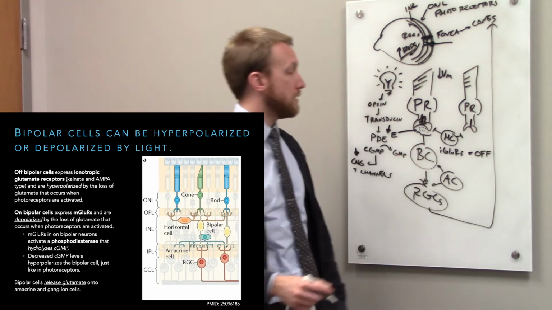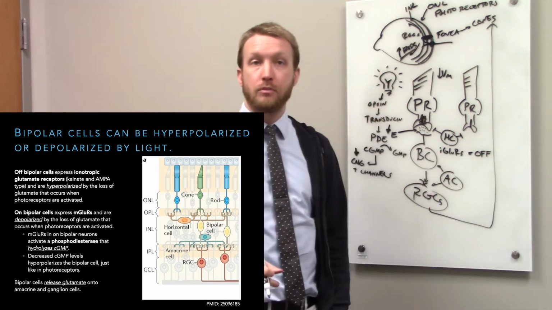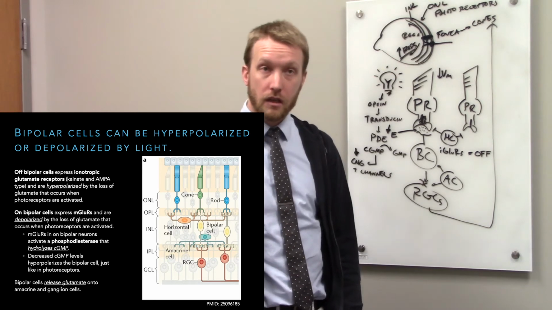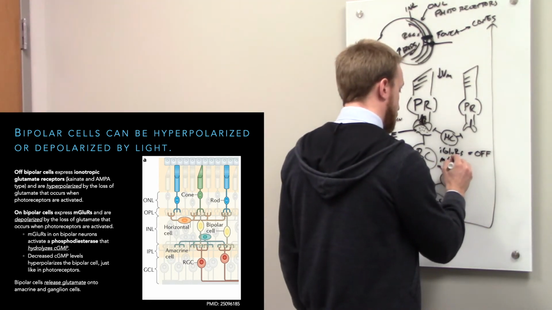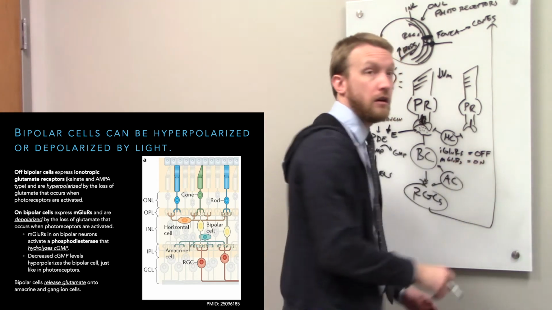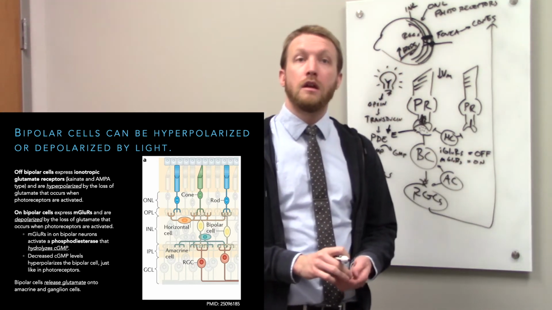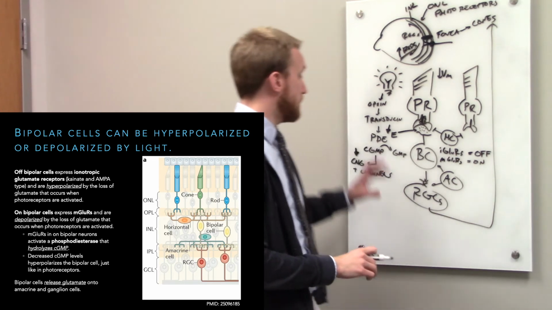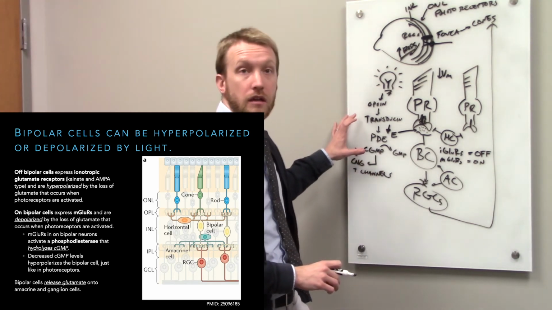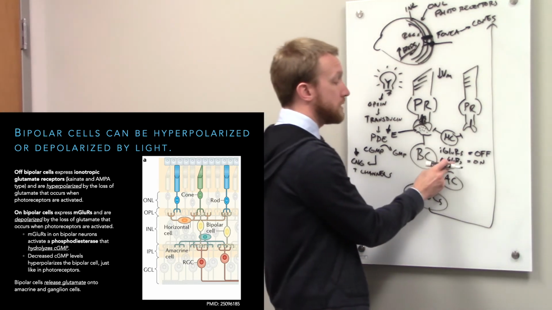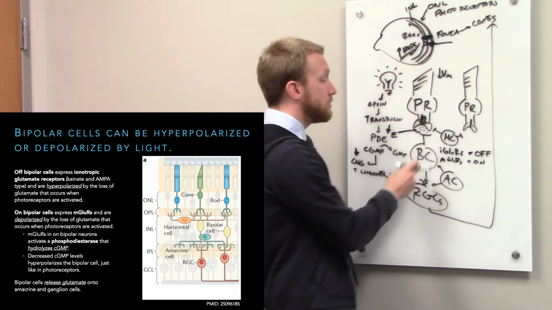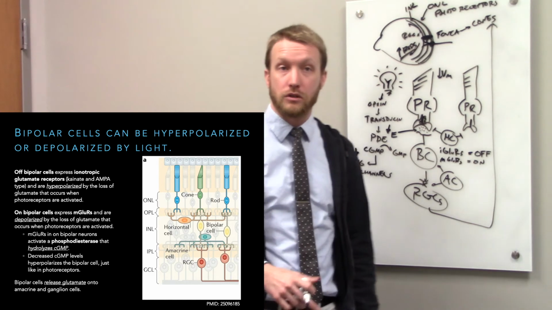Off bipolar cells have AMPA receptors. mGlu-Rs, on the other hand, are going to be expressed on bipolar cells. These mGlu-Rs do the same thing that goes on here. They're going to stimulate a phosphodiesterase that breaks down cyclic GMP, so these normally turn us off. When we lose glutamate, the bipolar cell gets turned on.